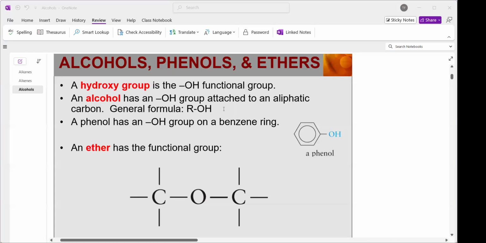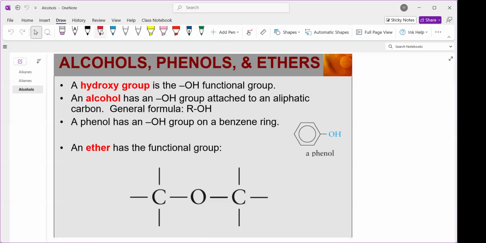A special kind of alcohol is called phenol. You've probably heard of that. It's frequently used as a disinfectant. A phenol has got a benzene group attached to it.